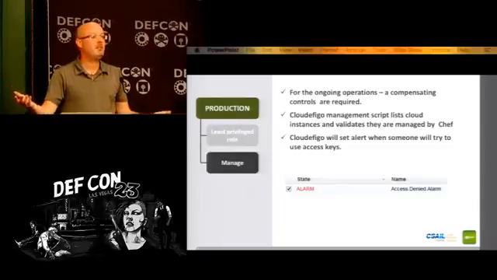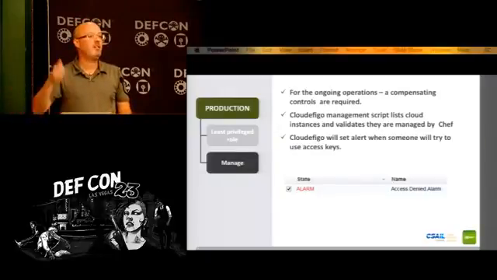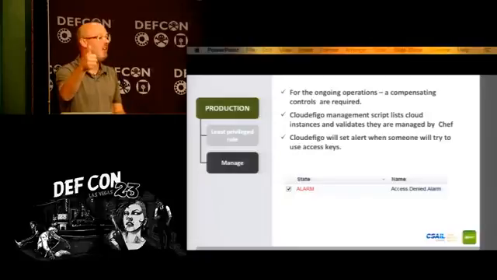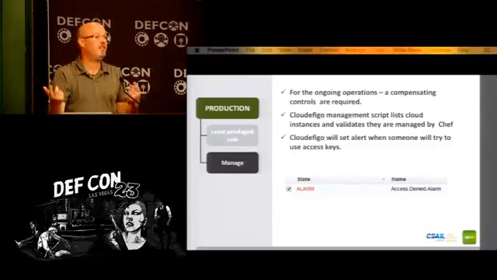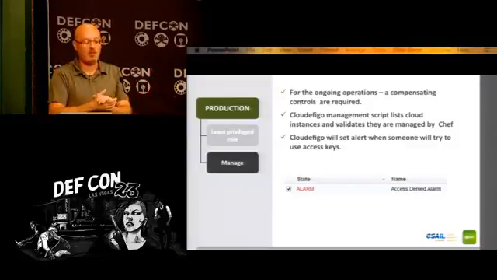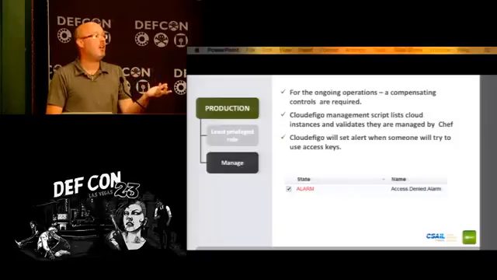And then we put in the ongoing management. What kind of ongoing management? Usually in cloud, you use compensating controls. Basically what it means is we are checking whether somebody has launched any instances that are not managed by the infrastructure that we created. We want to identify servers that have somehow popped up somewhere that we are not managing, and we want to use alarms if somebody has managed to access a server and is now trying to do something.